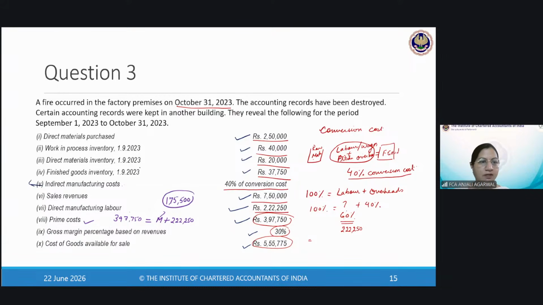When you know the raw materials opening stock, 40,000. 40 is the opening plus purchased is 250 minus closing is your material consumed 175,500. Okay. So you will find out the closing stock of raw material: 2,90,000 minus 175,500.